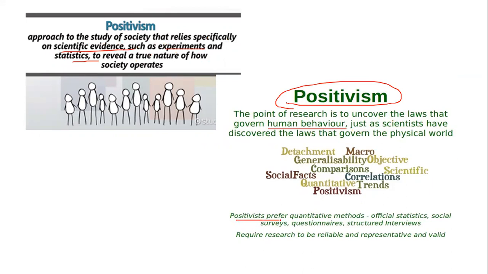So, as we studied now, the positivist prefers quantitative methods, like official statistics, social surveys, questionnaires, or structured interviews, okay? So positivism is more into quantification, which requires research to be reliable and representative.